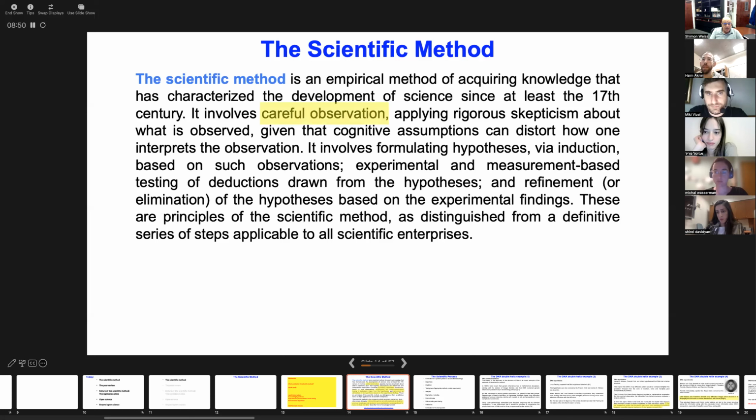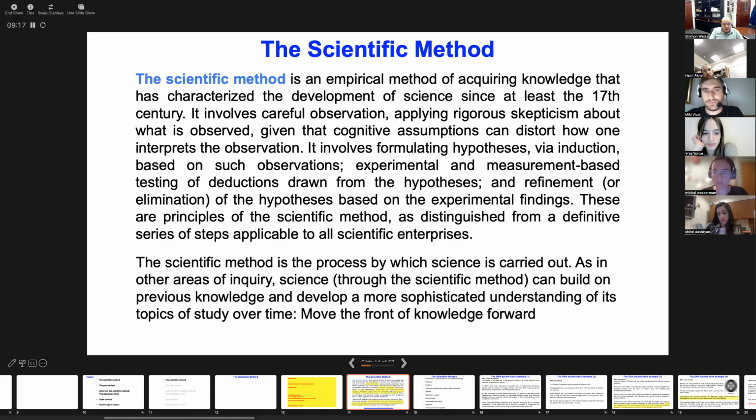So it involves careful observation, formulating a hypothesis, running experiments, and deducing conclusions from experiments based on the hypothesis and the questions we asked, and then refinement by elimination or by confirmation based on the finding.